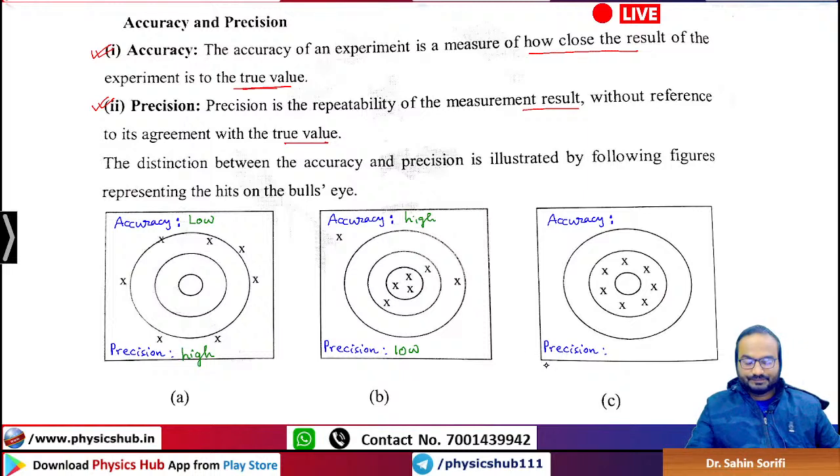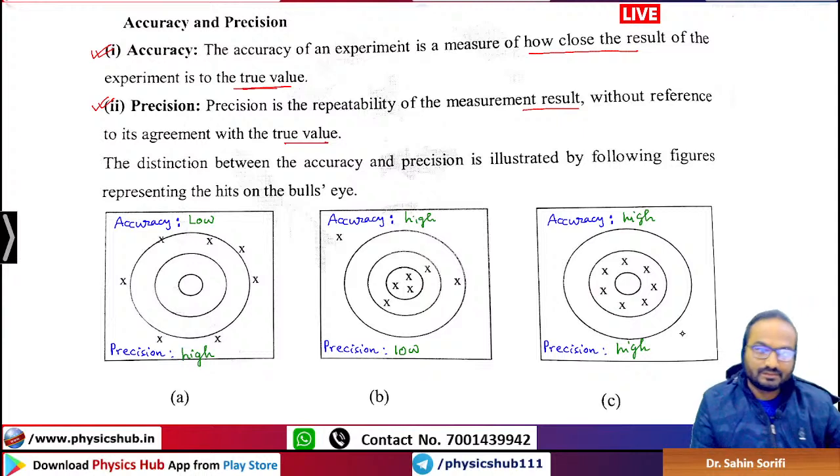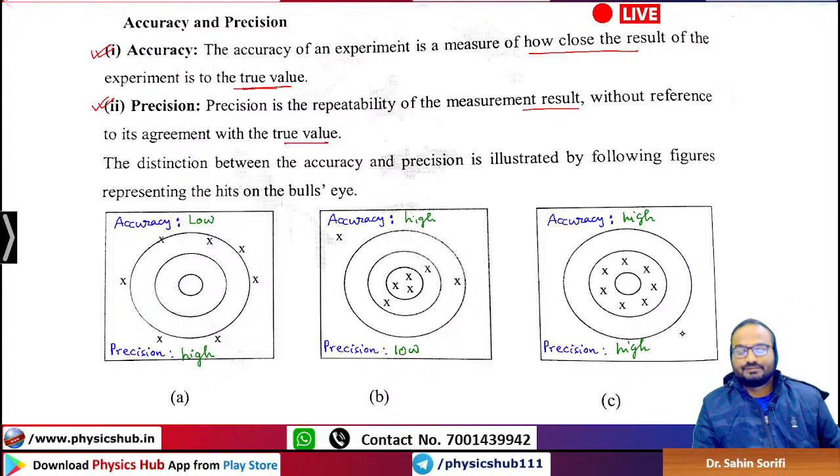Third one, tell me. High accuracy, high precision. Is it clear to everyone, the difference between accuracy and precision?